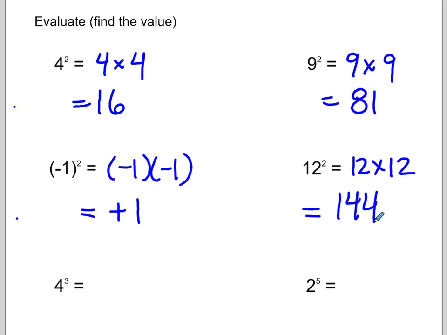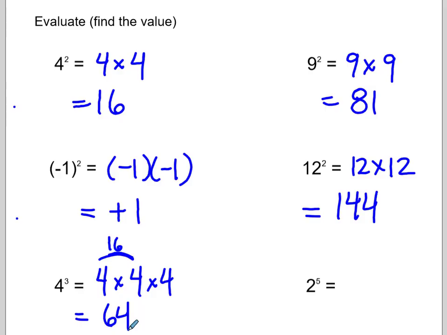Bottom one, 4 cubed, or 4 to the power of 3. 4 times 4, those two together right there is 16. And now it's 16 times 4, which is 64. And then lastly, 2 to the 5th.